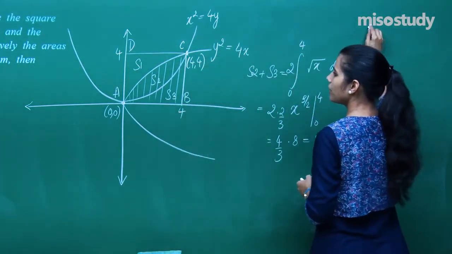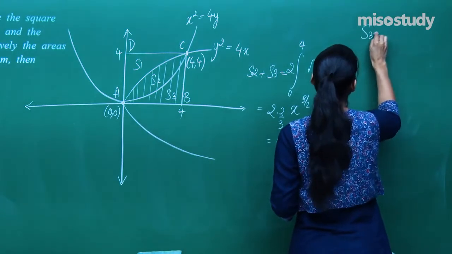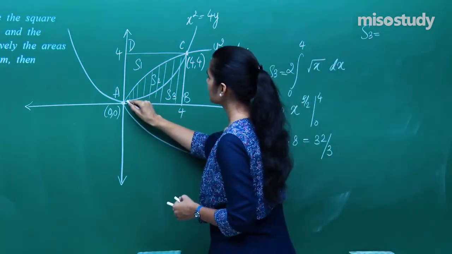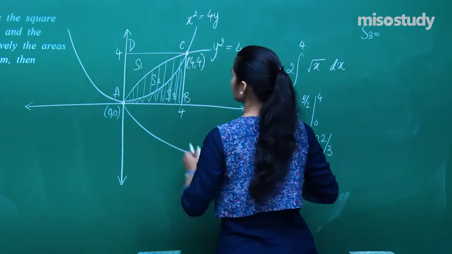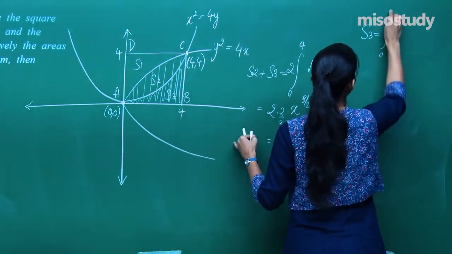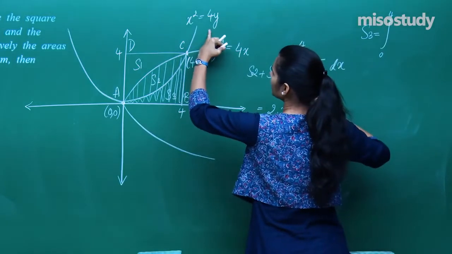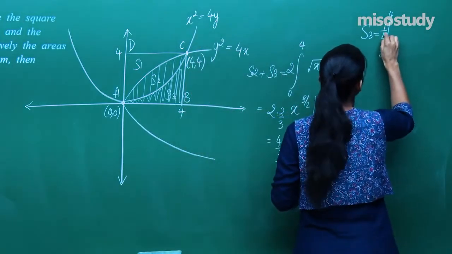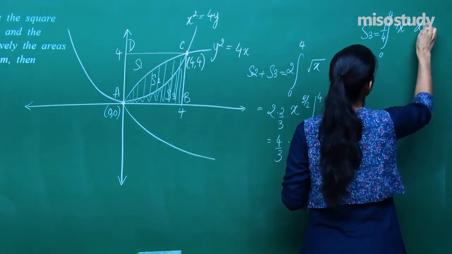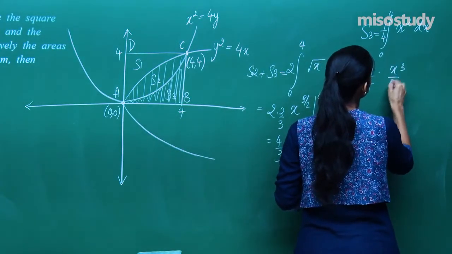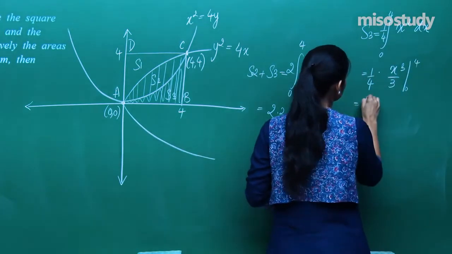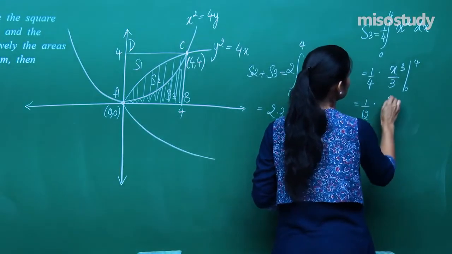If I just talk about S3, S3 is this. This portion again from 0 to 4. Now what is this parabola? Y is x square by 4. So this is going to become 1 by 4 x cube by 3 from 0 to 4, which is 1 by 12 into 64.